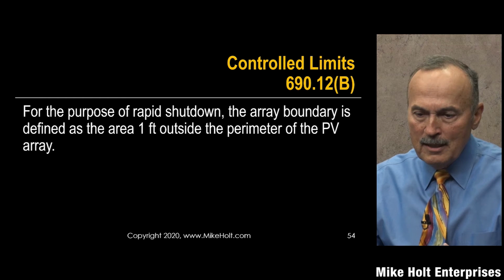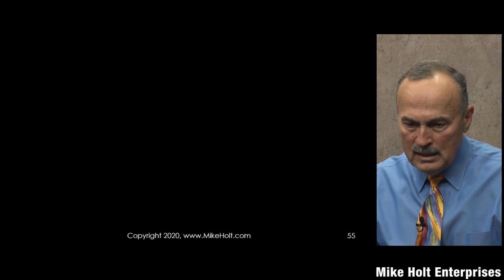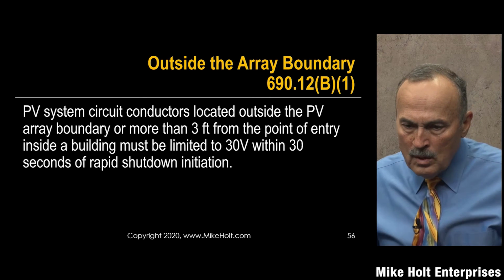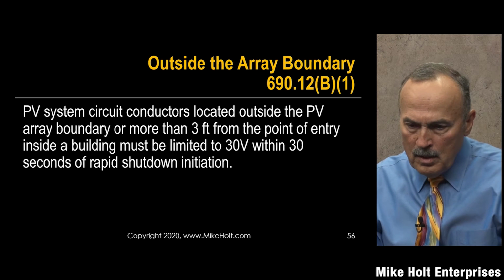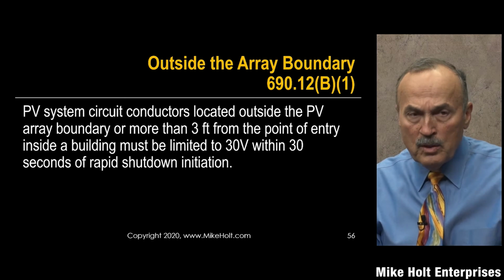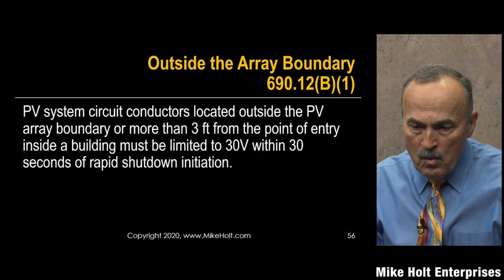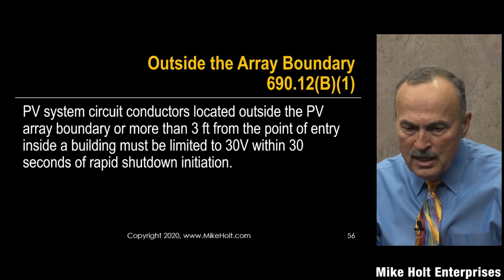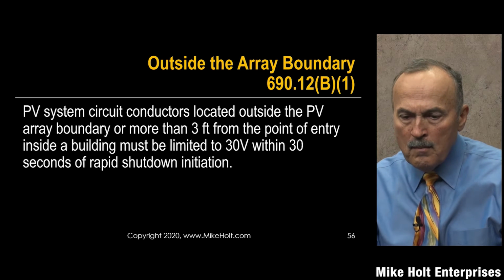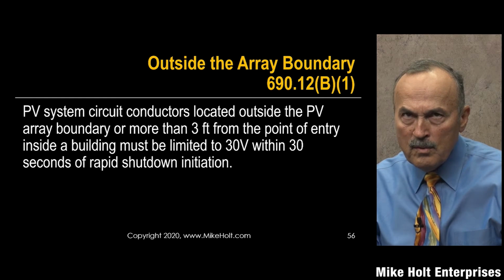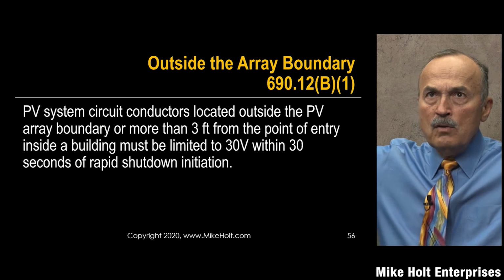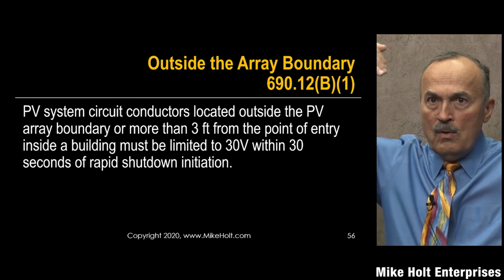Let's go to the next one. What's outside the array? A PV system circuit conductor located outside the PV array boundary, which is going to be more than 1 foot away, right? Or more than 3 feet from the point of entry inside of a building. That means I have an array on a roof and I have wires going down.